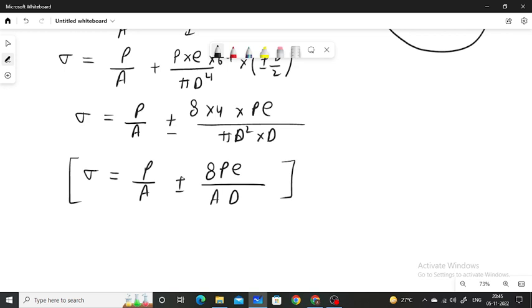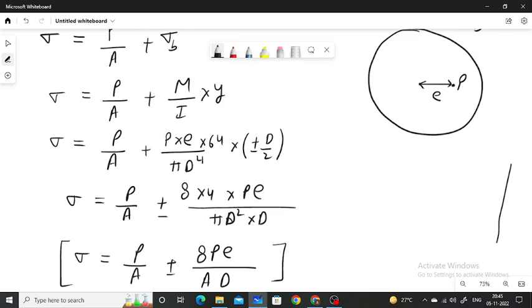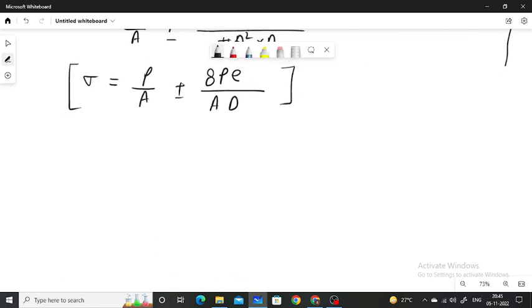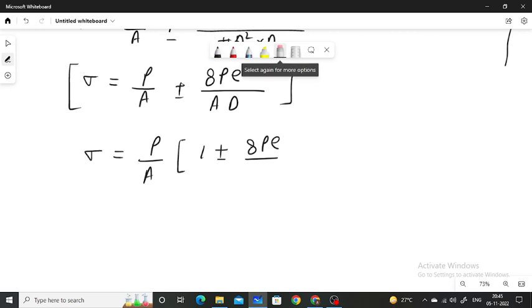So maximum stress will be induced at plus d by 2, and minimum stress will occur at minus d by 2. Sigma is equal to P by A (1 plus minus 8E upon d).